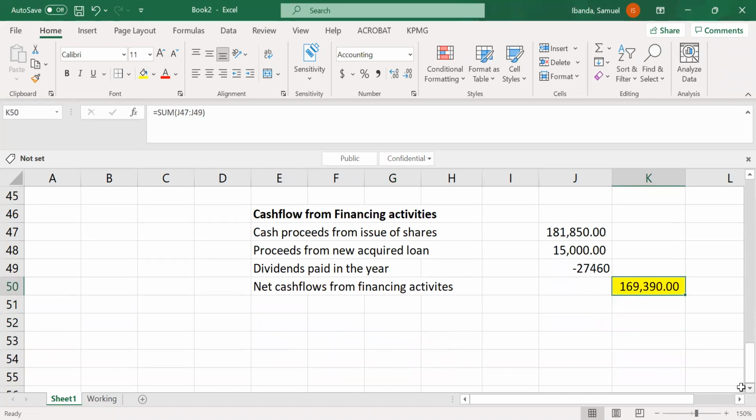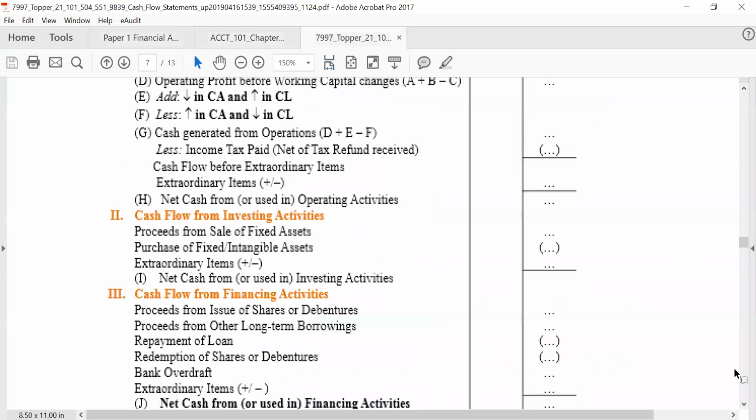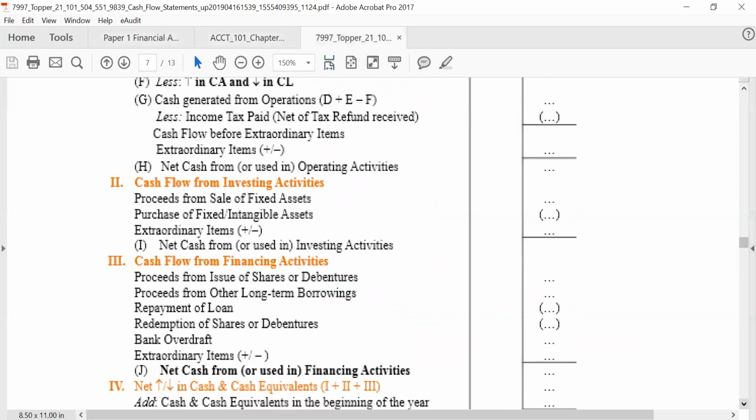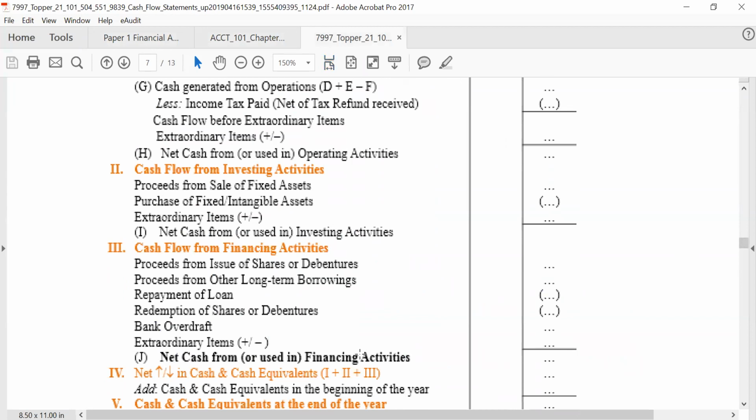So I now go ahead to determine, because I've gotten all this, remember what we had here. I just remind you, after we have gotten our net cash flows from financing activities, we get what is called net cash and cash equivalents, which adds your cash flows from financing activities to the cash flows from investing activities and the cash flows from operating activities, okay?